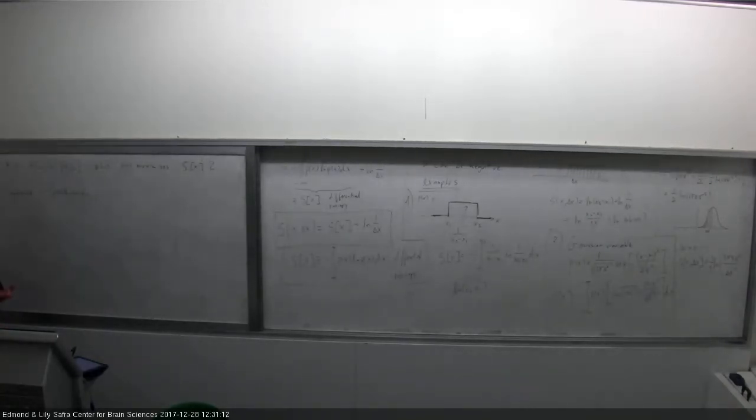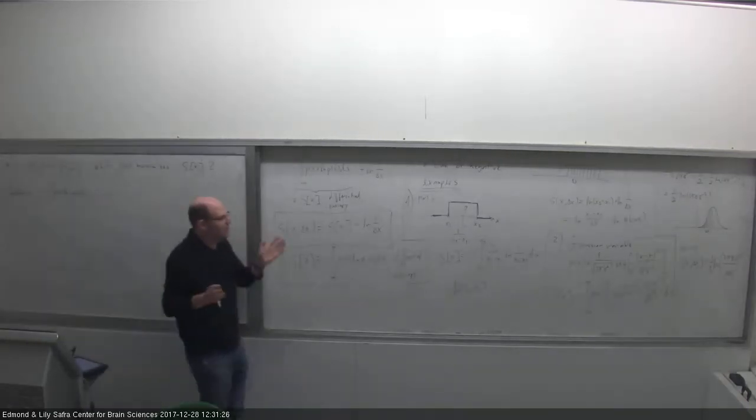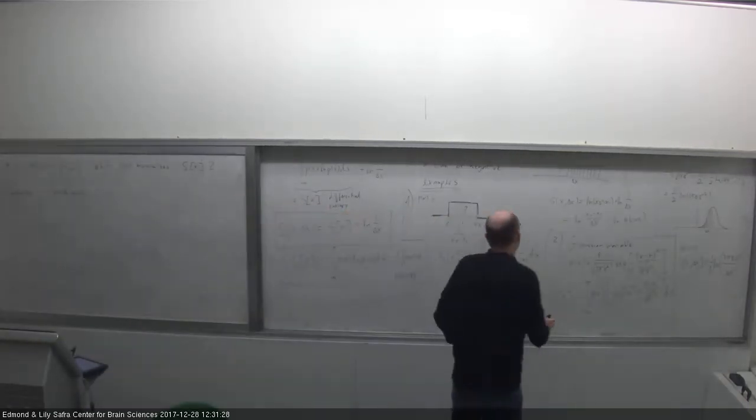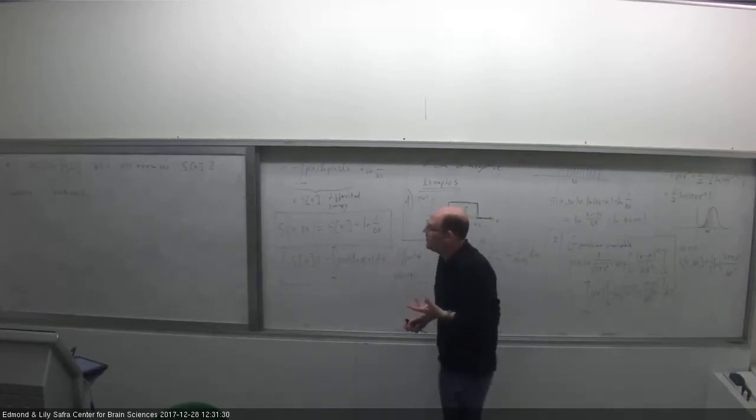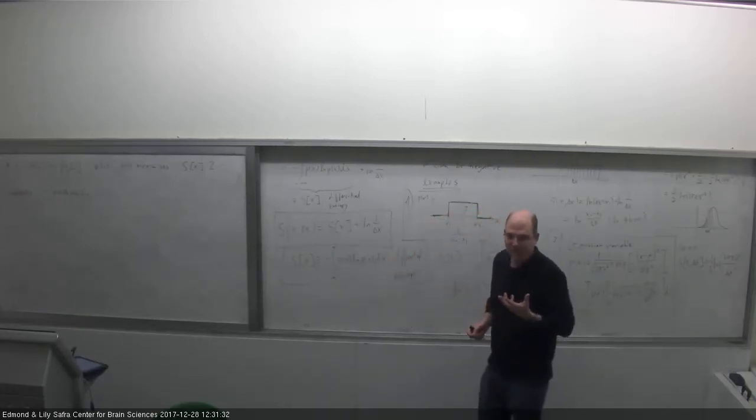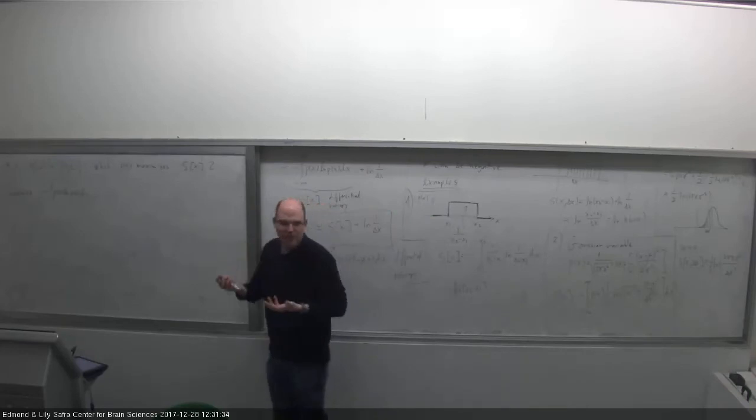What is the variable that we're varying when we're trying to maximize this? No, x is just the random variable, but what are we varying? P of x, right? We're varying a whole function.